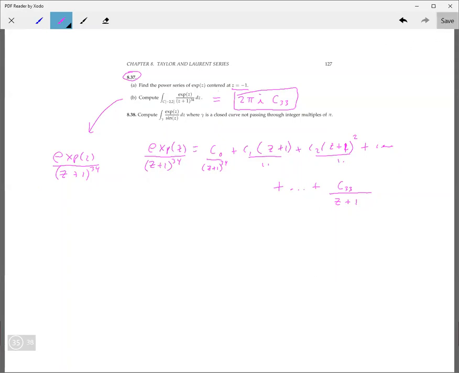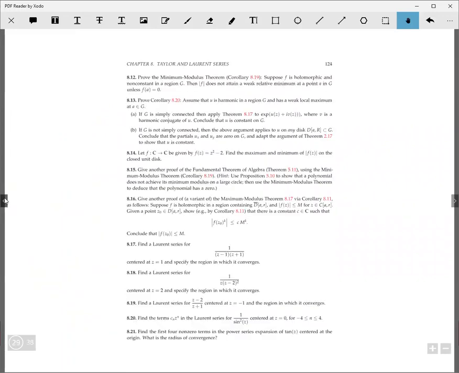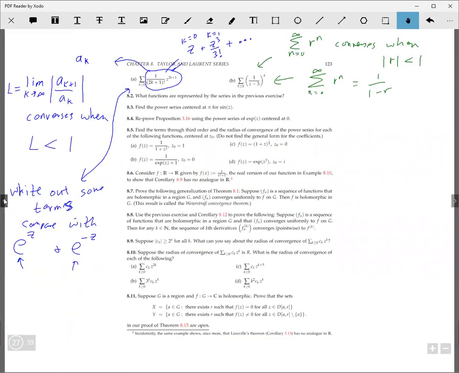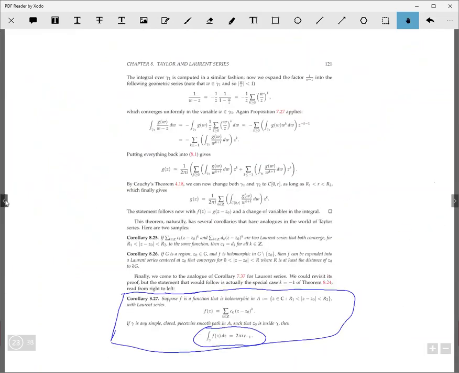And that is because of this corollary 8.27. Let me show you right here, which I think we talked about a little bit.